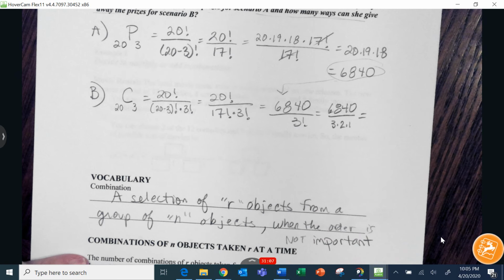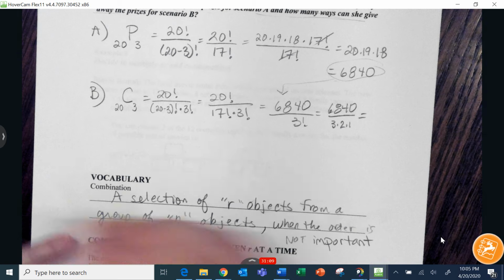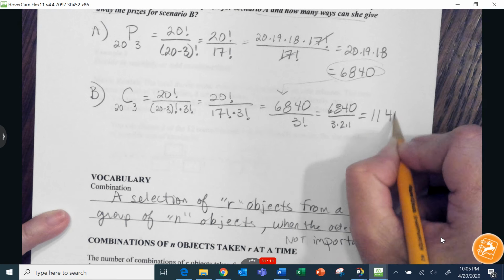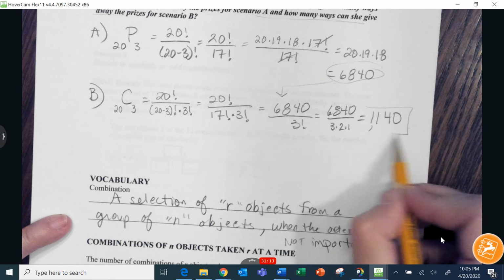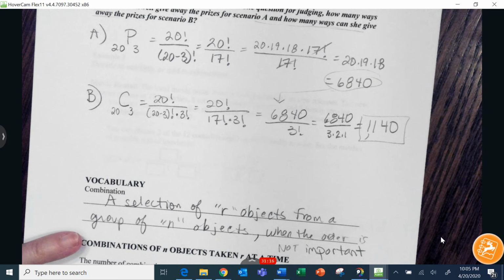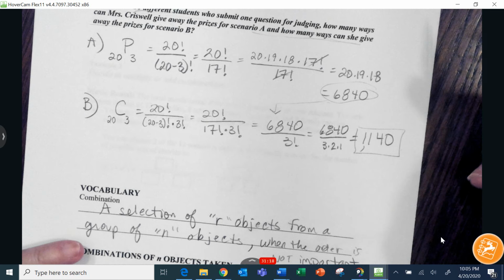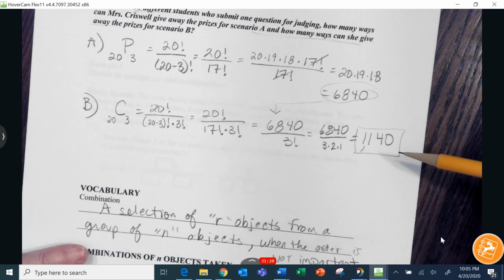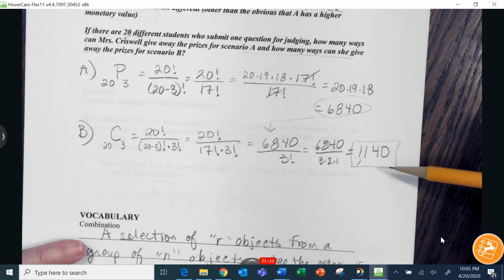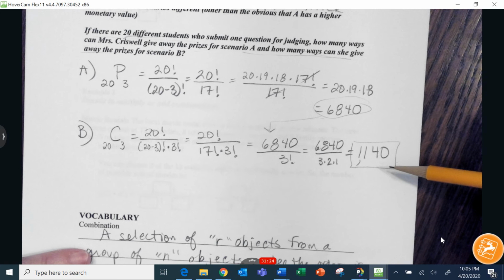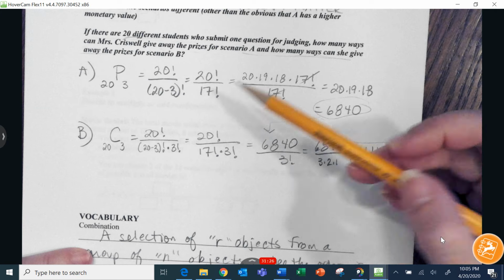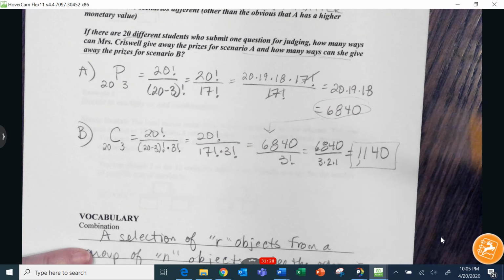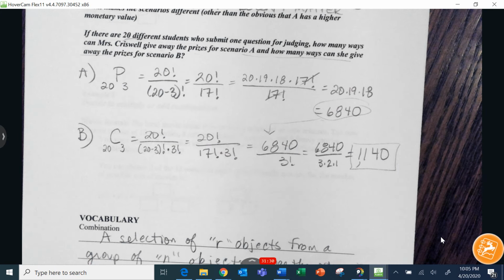So I've got 6840 divided by 6. And we get 1140. So the different orders that we could have for scenario B, because order is not important, we have way less. We're picking the exact same people, but because the order is not important, we just have way less options.